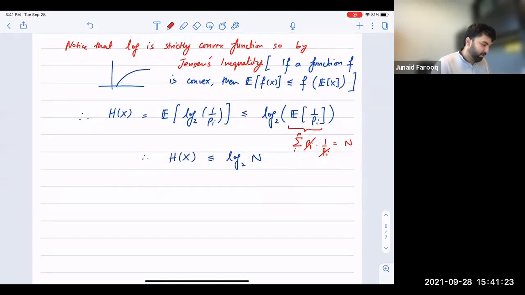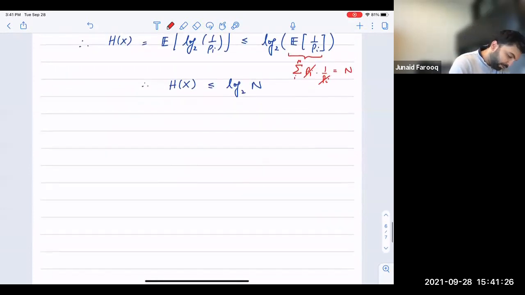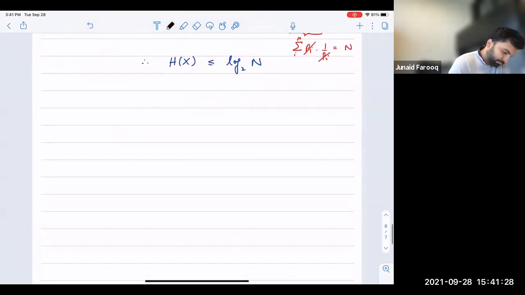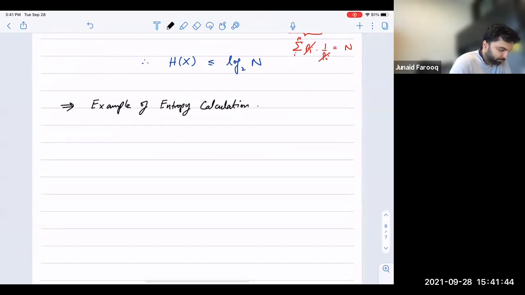So let's take a simple coin toss experiment. So consider a simple, or fair, coin toss experiment.